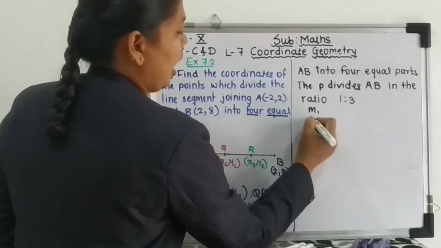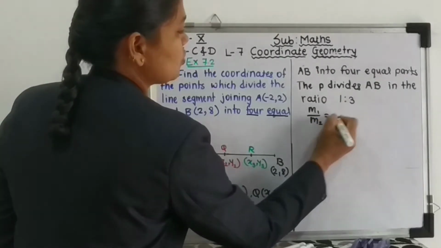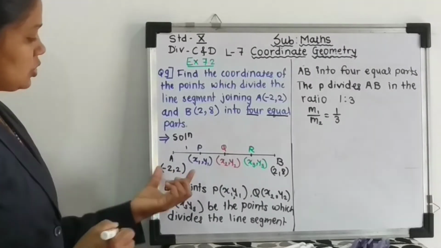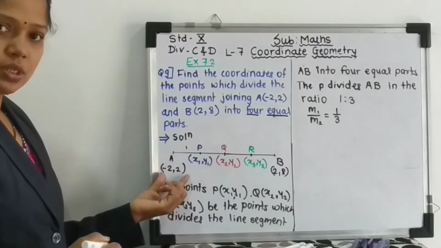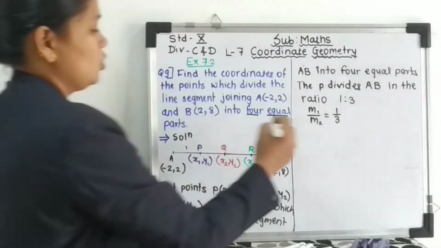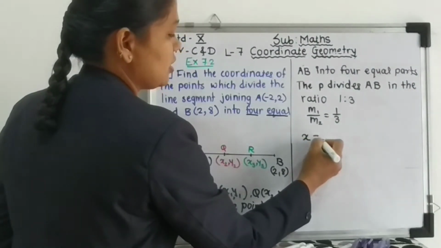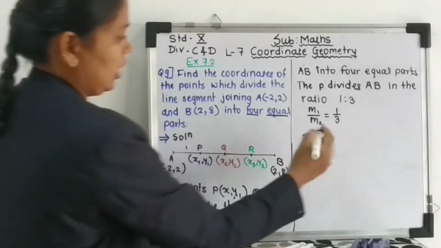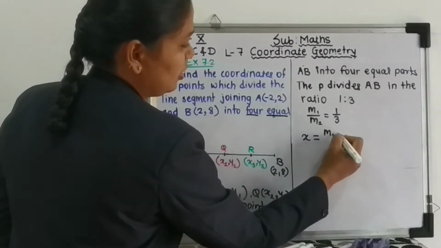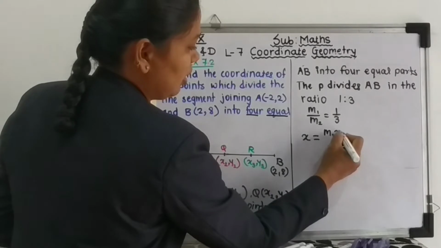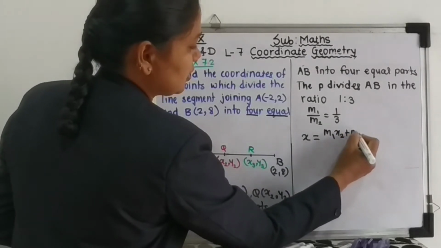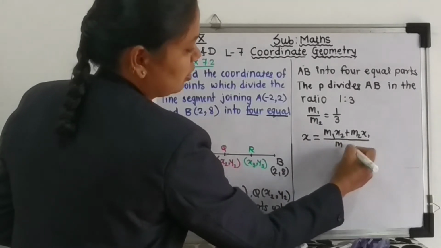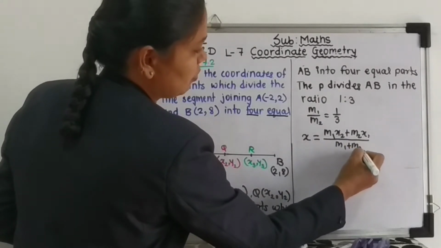So here our m1 to m2 is 1:3. And now we are going to use the section formula. We have to find the X coordinates. So X is equal to (m1x2 plus m2x1) upon (m1 plus m2).